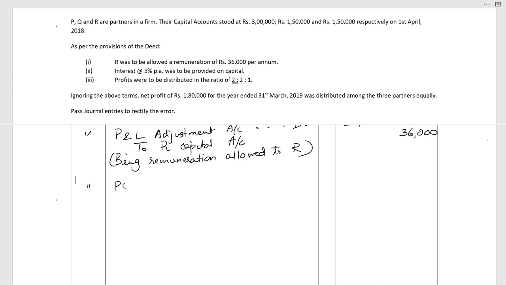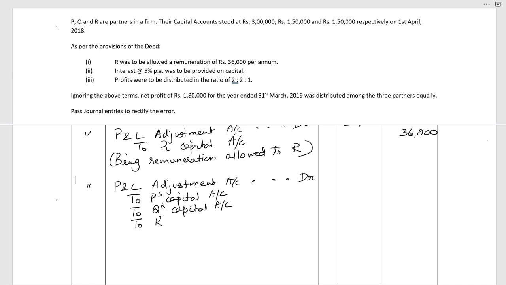So again I will debit the profit and loss adjustment account to P's capital account, to Q's capital account, to R's capital account.